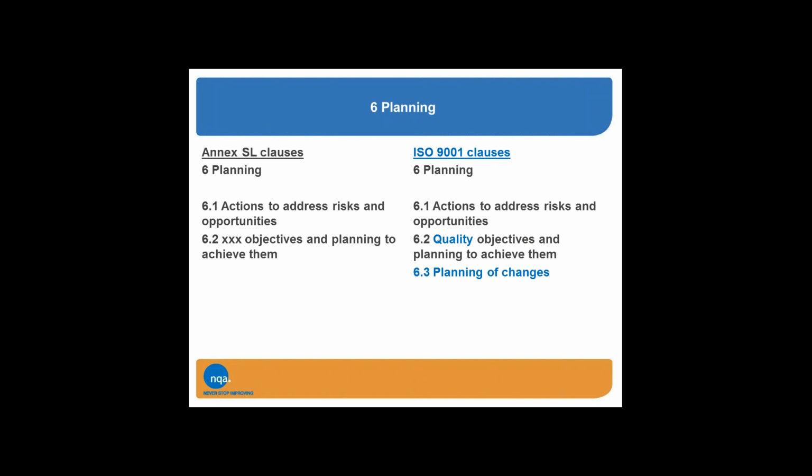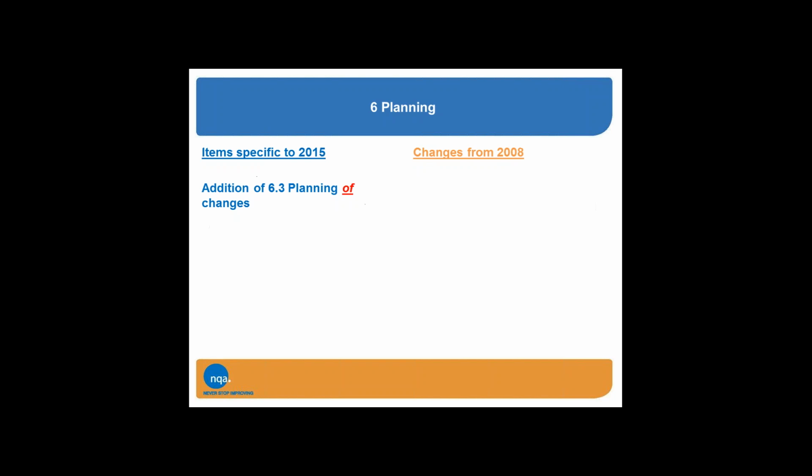We need to plan for those changes, so the planning of changes to the management system itself. So just to reinforce that, on this next slide we have what is specific to the 2015 version of 9001, the addition of planning of changes.